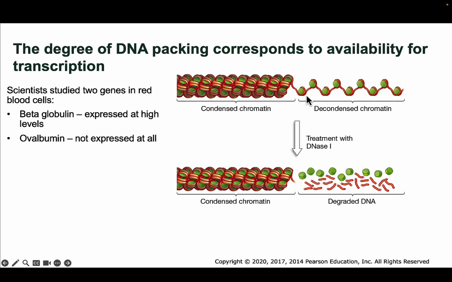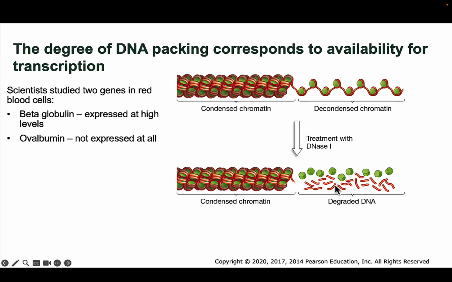But it can only do this if the chromatin is decondensed. So if it's in this looser structure where it's not as tightly wrapped around the histones and not forming what we call fibers here. Again, DNase 1 can't act on DNA that's wrapped in a fiber, but it can if it's decondensed, shown here.